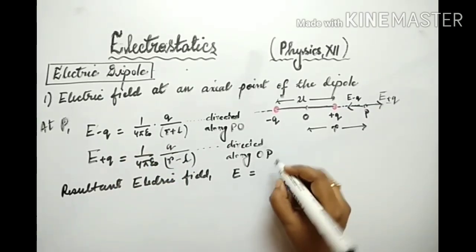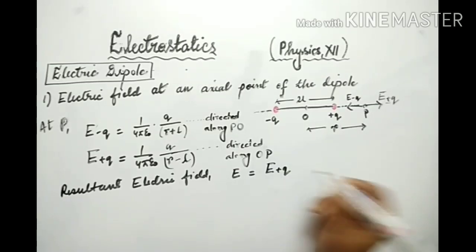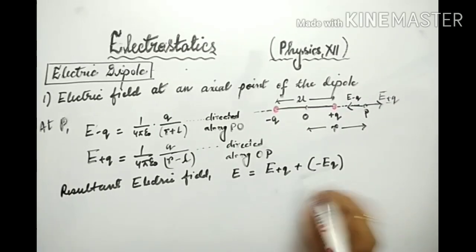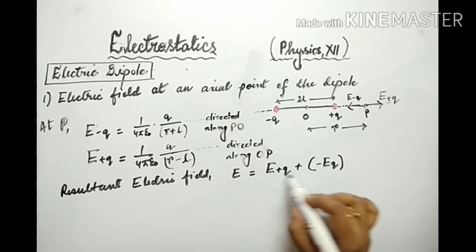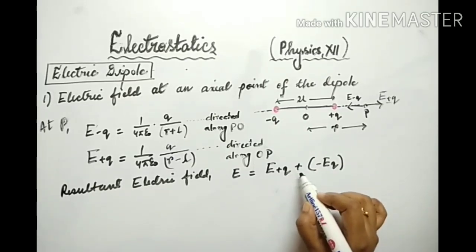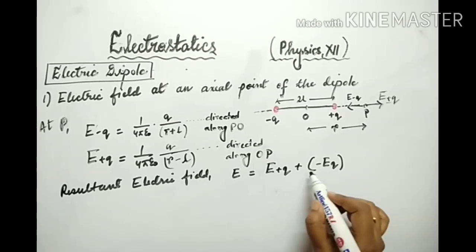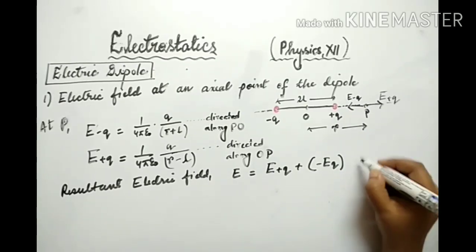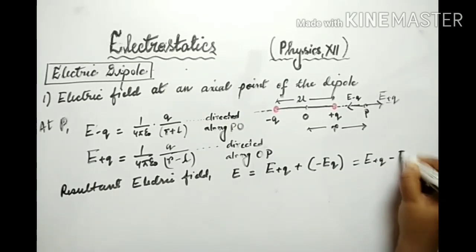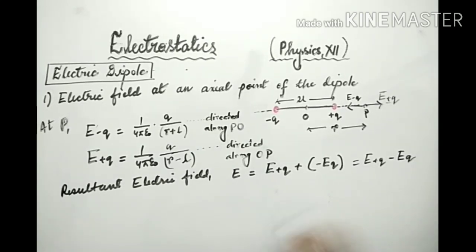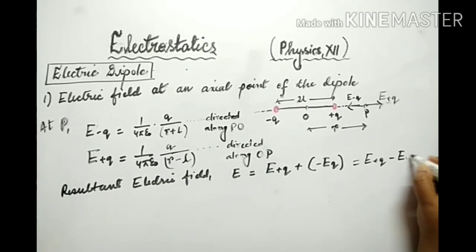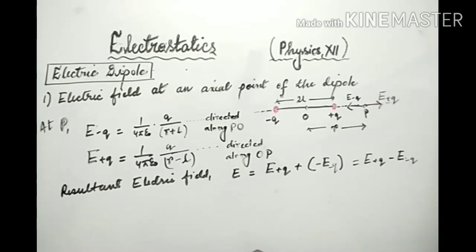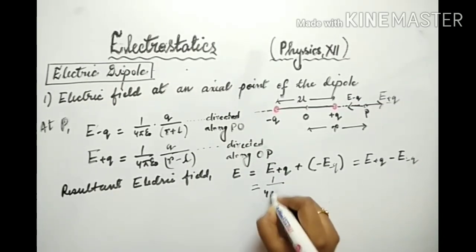So since these are in opposite directions, we can write E plus Q minus E minus Q. Sorry, here it will be E minus Q.